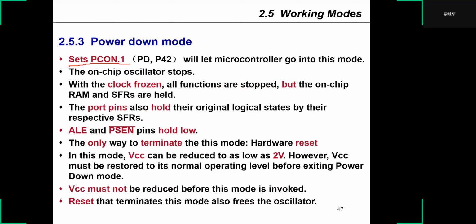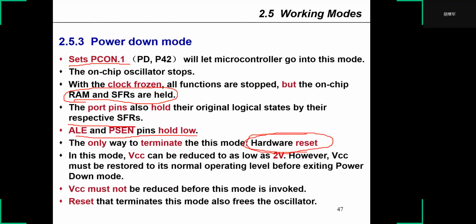All functions are stopped, but the on-chip RAM and SFRs are held. The port pins also hold their original logical states by their respective SFRs. ALE and PSEN pins hold low. The only way to terminate this mode is hardware reset.